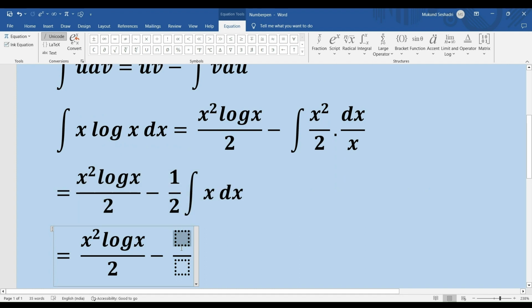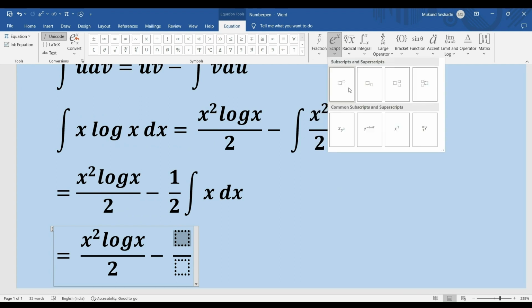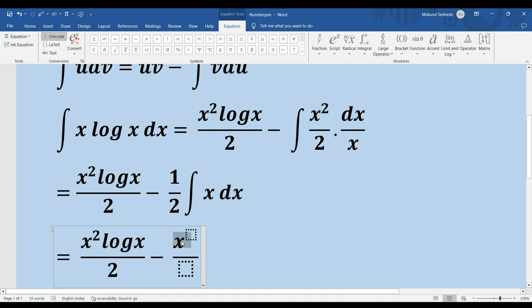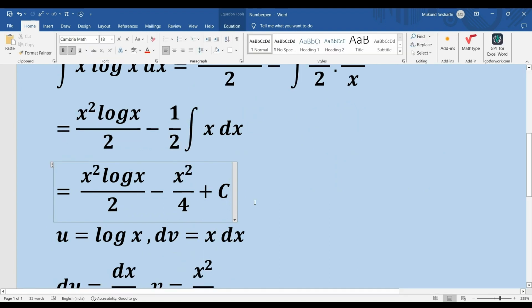And I will have an x square in the numerator, which means my second part is nothing but x square by 4, right? And not to forget my constant. So there we are. My final answer to this problem is x square log x by 2 minus x square by 4 plus c. So let me highlight my final answer in pink.